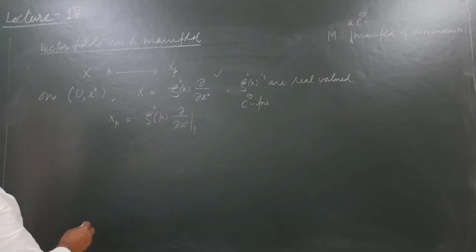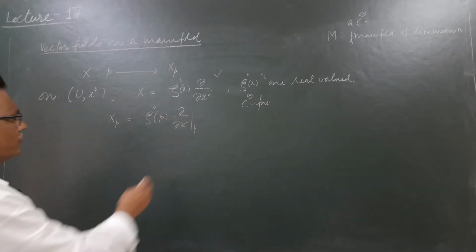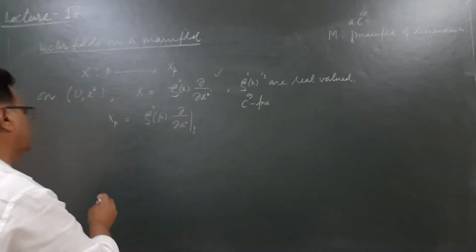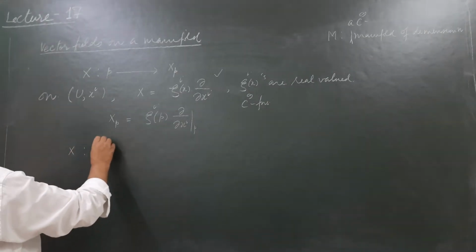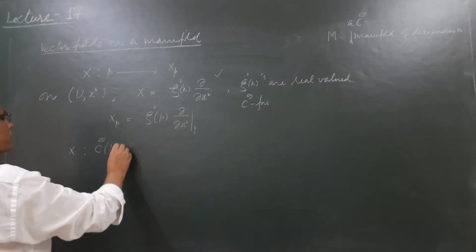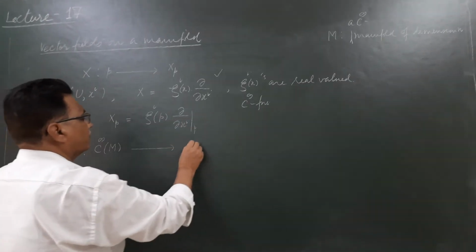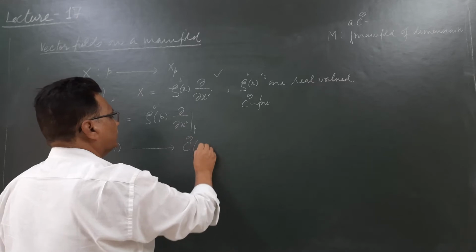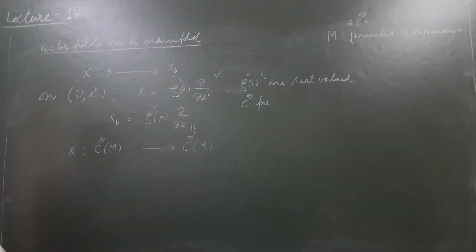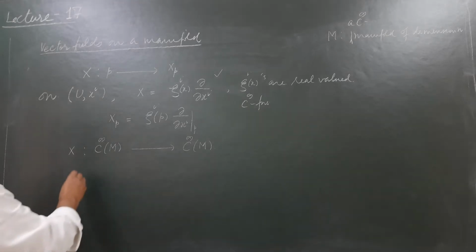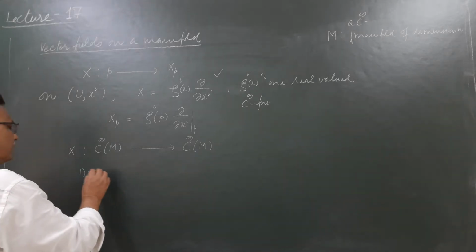Now, from here we also realized, because of the property of del upon del x i, that a vector field can also be regarded as a map from the space of differentiable functions on M to C infinity of M itself. And moreover, it will have properties like linearity.